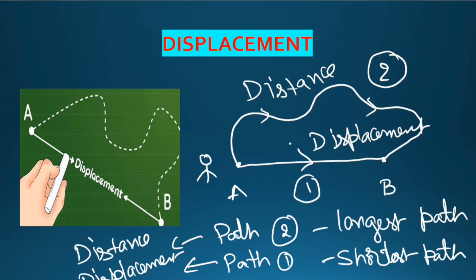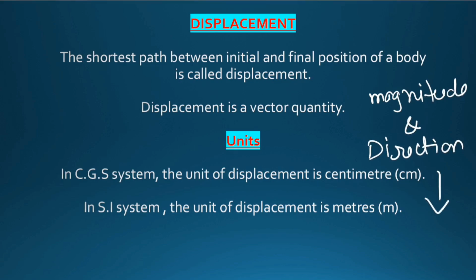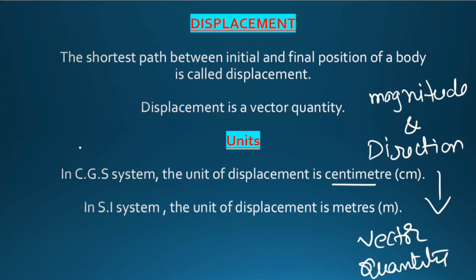See, displacement has both magnitude and direction. Hence, it is called a vector quantity. So, displacement is a vector quantity. It can also be measured in centimeters in the CGS system and meters in the SI system.